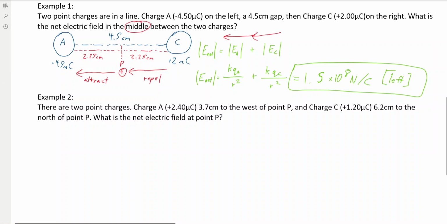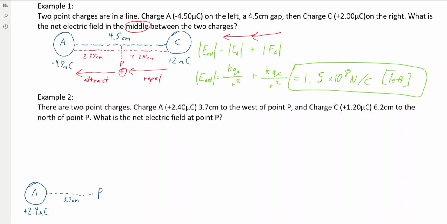So we're going to just start with point P. I'm just going to pretend that that's point P, and we're going to have a charge to the west. I'm going to call that charge A, which is positive 2.4 microcoulombs, and it's 3.7 centimeters to the west.